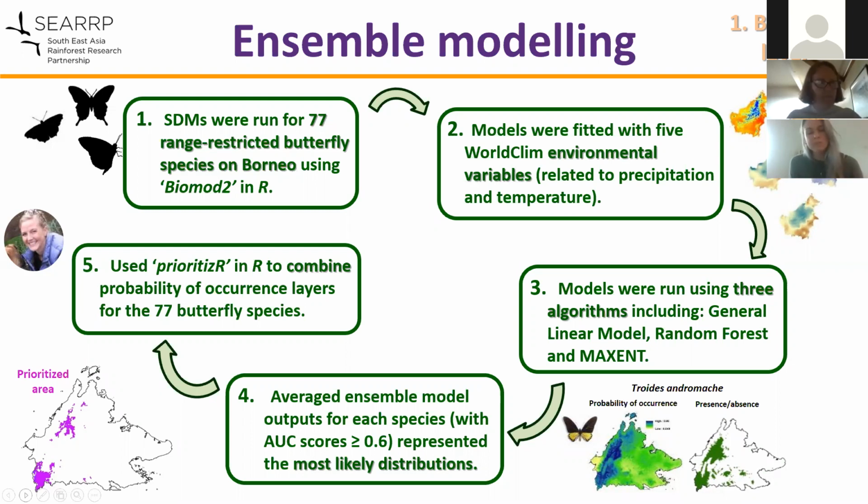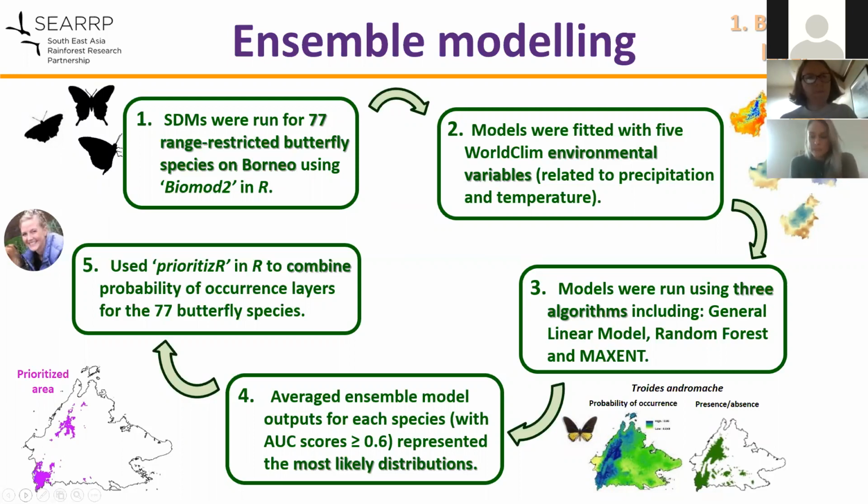A lot of these WorldClim variables are very intercorrelated, so we just picked 5 that were relevant. And the models were run using 3 mathematical algorithms, and you essentially average your results across these 3 algorithms, and then the model produces output maps of likely distributions of the butterfly species.